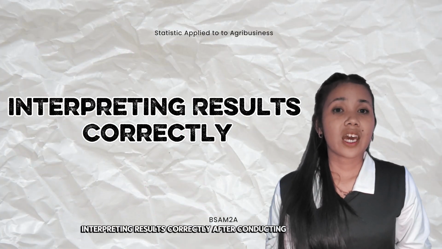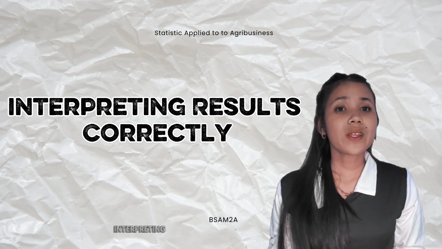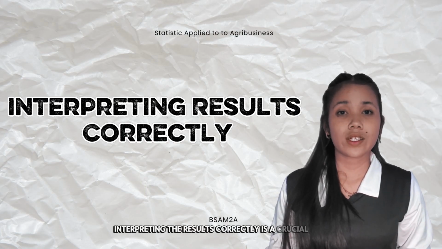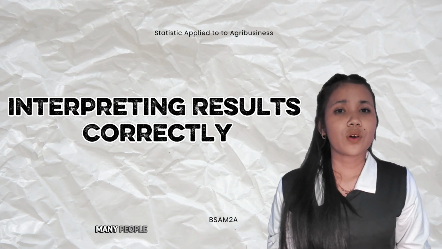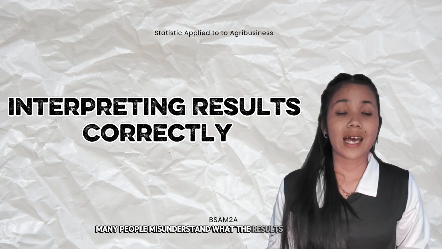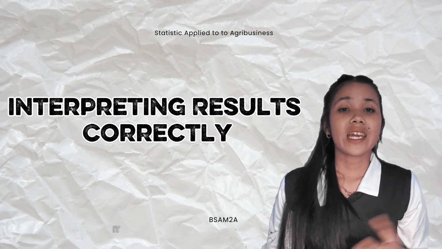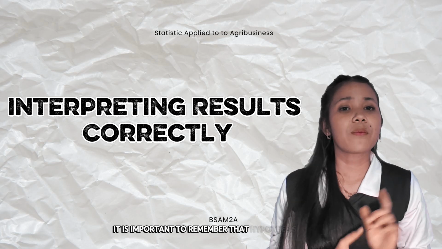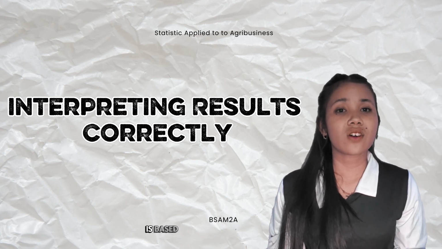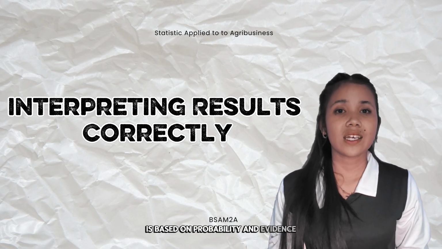Interpreting results correctly. After conducting a hypothesis test, interpreting the results correctly is a crucial step. Many people misunderstand what the results actually mean, which can lead to incorrect conclusions. It is important to remember that hypothesis testing is based on probability and evidence, not absolute certainty.